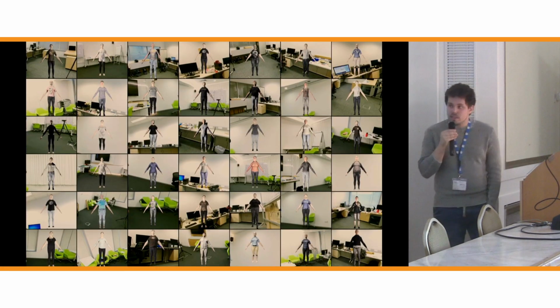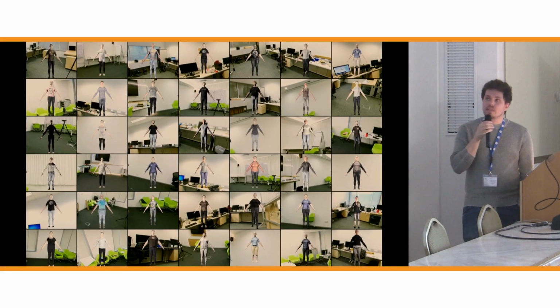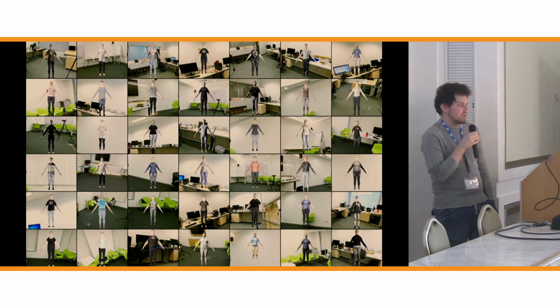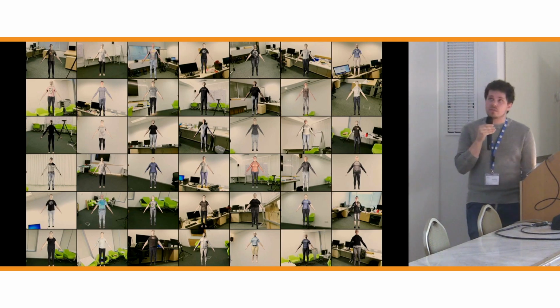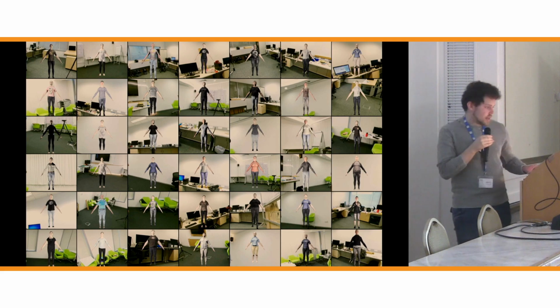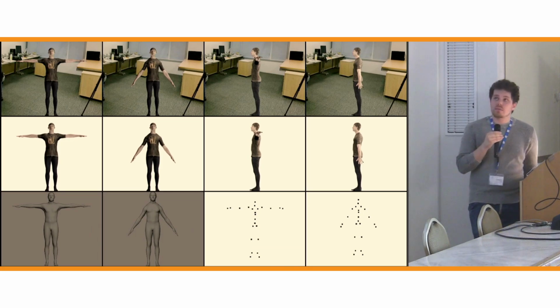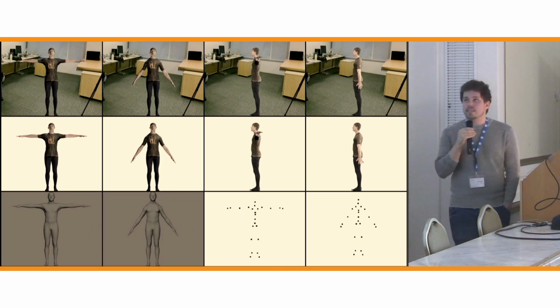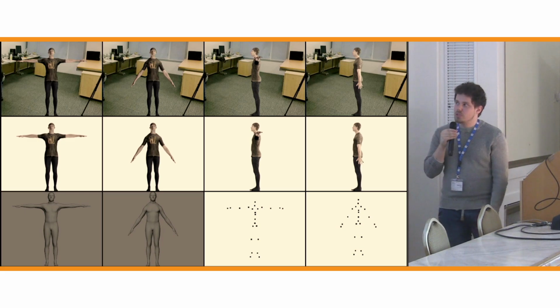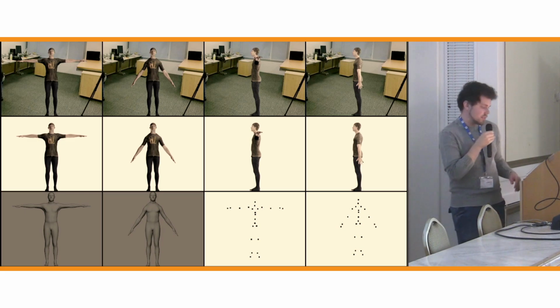So here you can see an example of the dataset we generated. We generated over 1 million files for 100,000 virtual subjects. Here you can see one sample for one avatar, which consists of front and side view of the avatar, with and without background, mesh of the avatar, and also position of joints in 3D space.